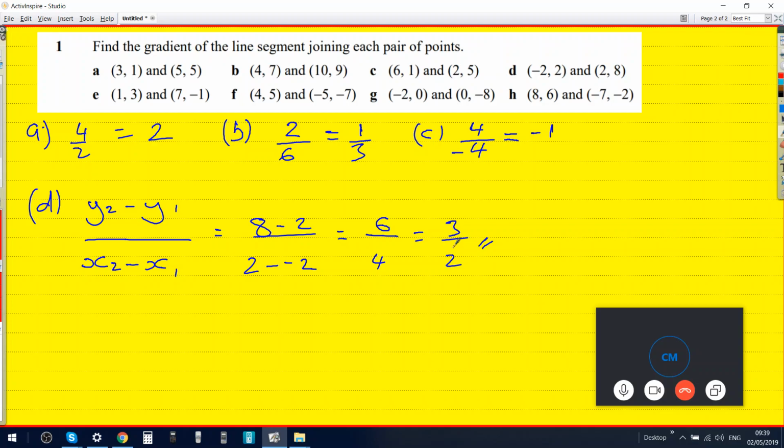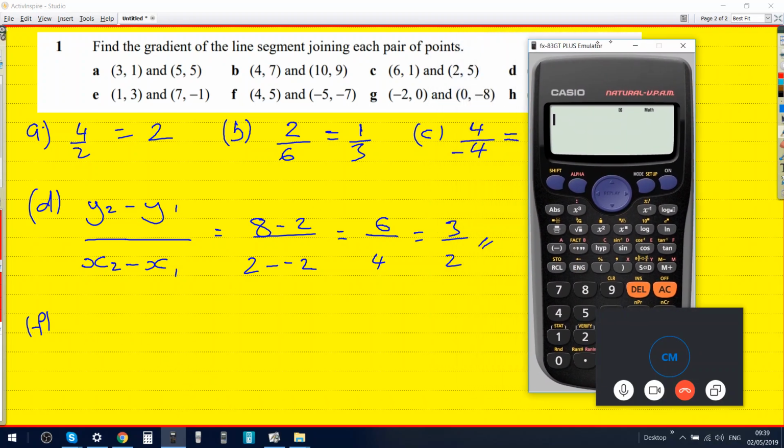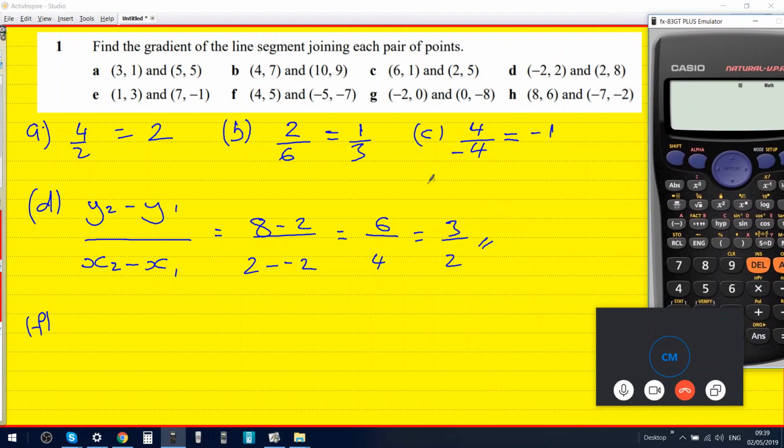Let me just see. Yeah. Let's try F. And you can always just put it into your calculator, once you've written down the working out. Yeah.